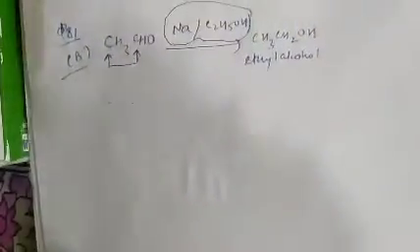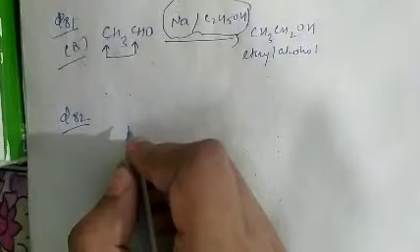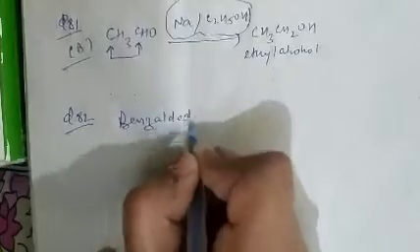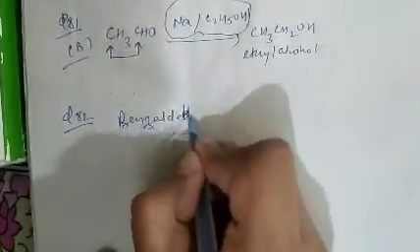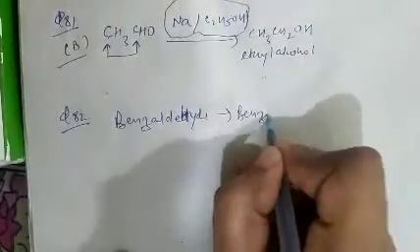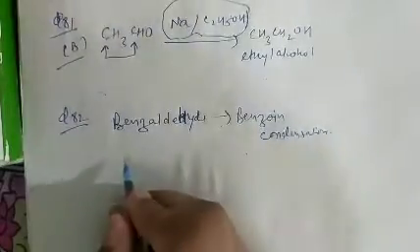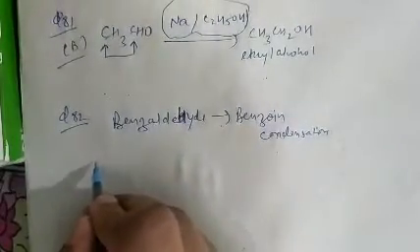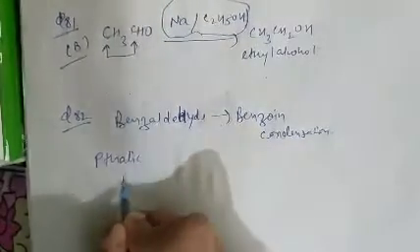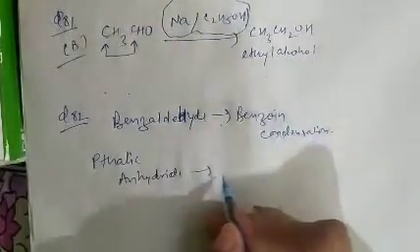See question number 82. Question number 82 is a very easy question. As we know, benzaldehyde is basically used in benzoin condensation. You have to learn that. And we know that phthalic anhydride is used in the preparation of phenolphthalein.